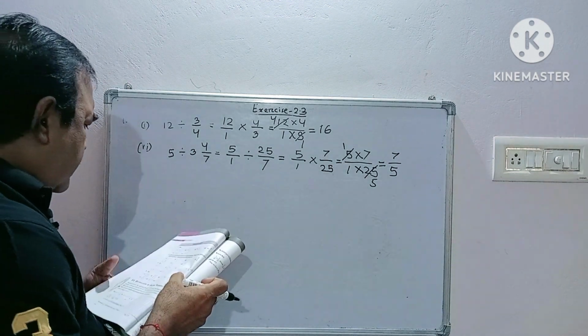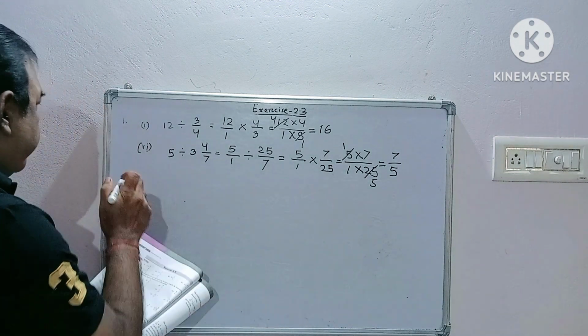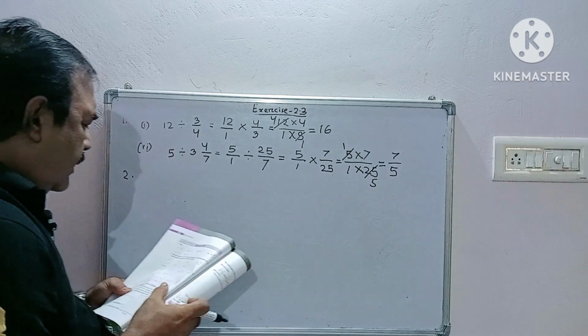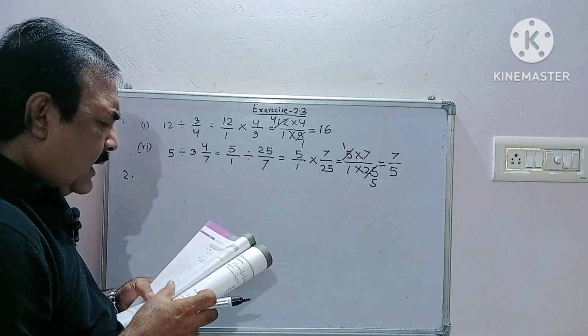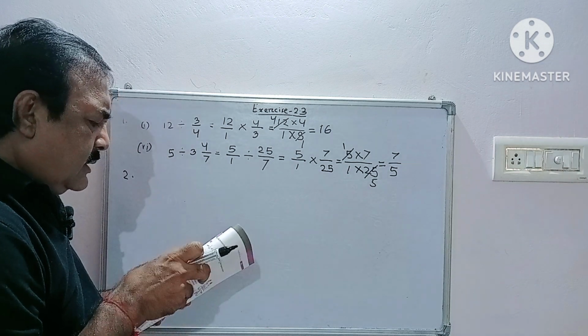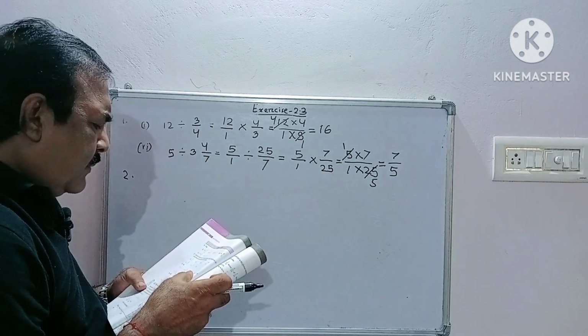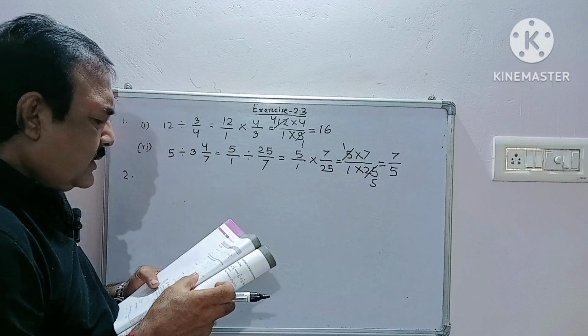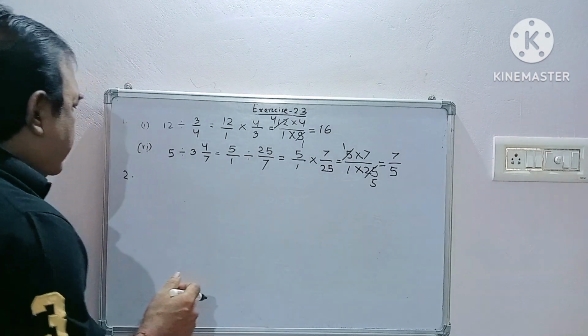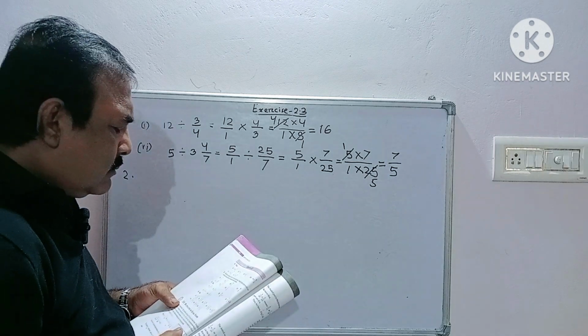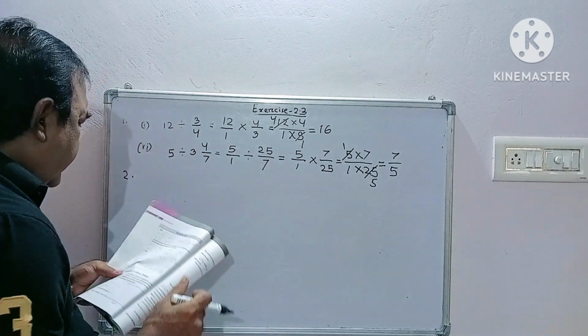Let us move to question number 2. Find the reciprocal of each of the following fractions and classify the reciprocal as proper fractions, improper fractions and whole numbers. So okay. It will be better if you make a table like this.